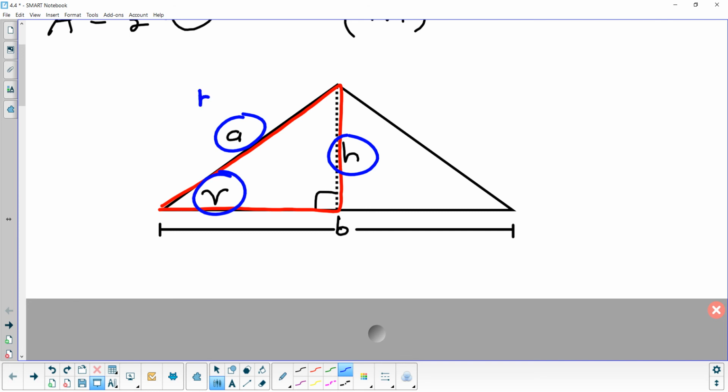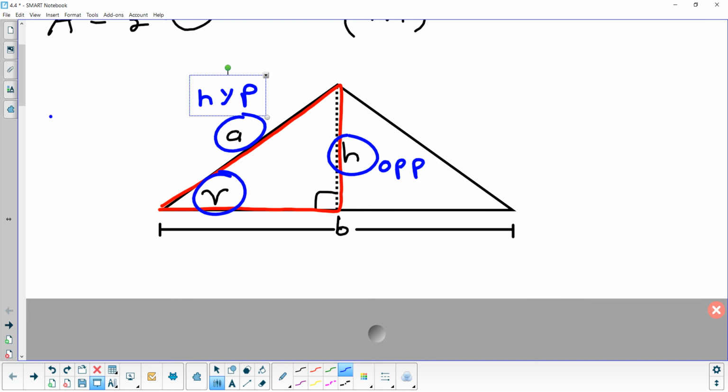It's the hypotenuse. The side across from the 90 is the hypotenuse. Now I want to know the name of the side I've labeled H from the perspective of gamma, and it's the side that is farthest away. Does anyone remember what word we use to describe the side farthest away? Yep, opposite. So in that right triangle, the two sides that I have labeled are opposite, which I labeled as H, and hypotenuse, which I labeled as A. Opposite and hypotenuse.